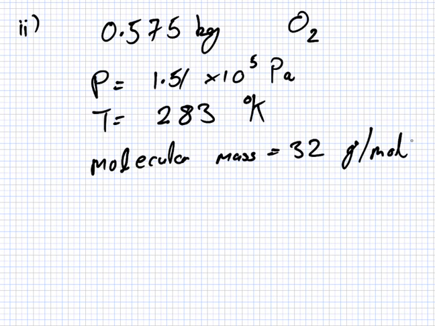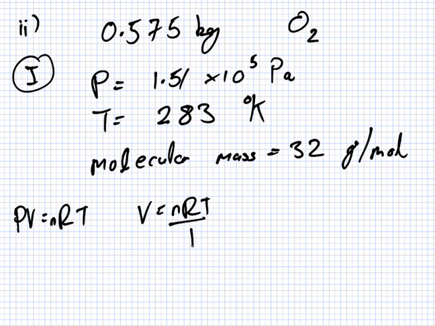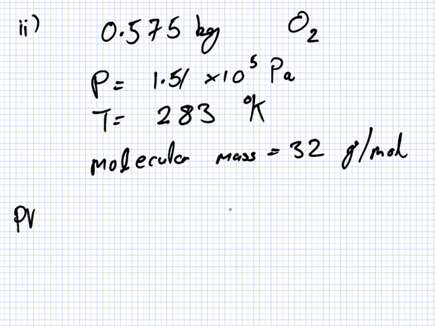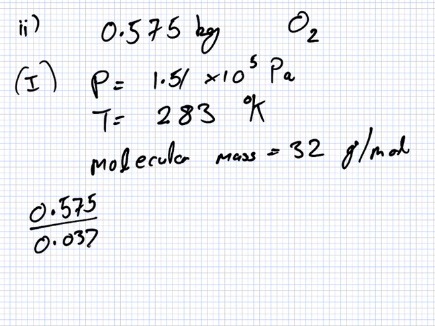Okay, what is the volume? Well, that's just PV equals nRT. So V equals nRT over P. Now, do we know the n? No, we have to work out the n actually, so we'll do that first. If I do 0.575 divided by 0.032, that's how many moles I have.